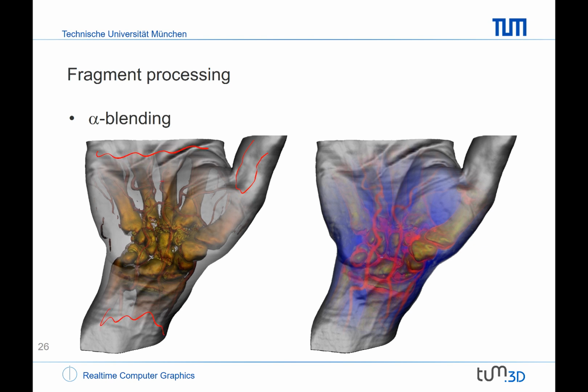Then towards the center, the opacity of the skin is continually reduced, and we let more and more of the background, or the interior structure in that case, shine through. So that is a very practical example where alpha blending, or opacity-based blending, is used in order to reveal otherwise hidden structures.